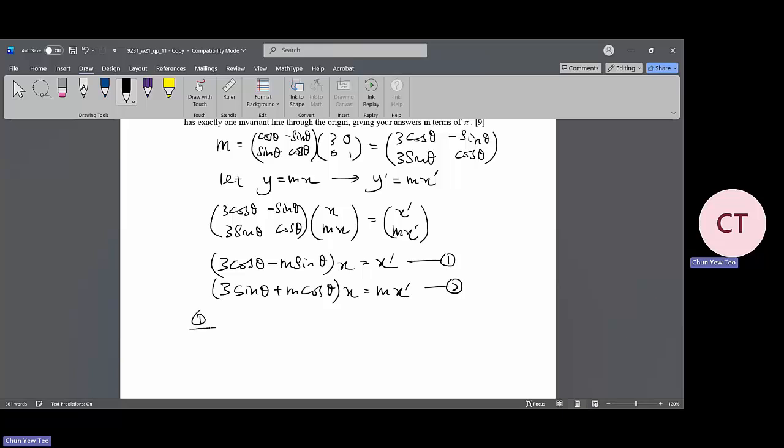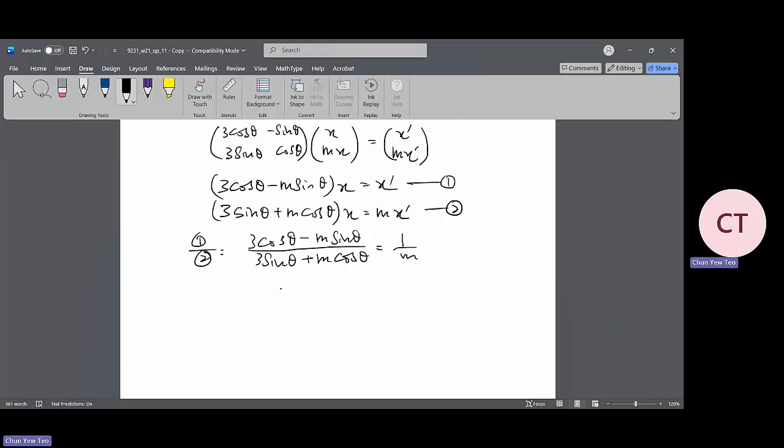Take equation 1 divided by equation 2, then you will get 3 cos theta minus m sine theta divided by 3 sine theta plus m cos theta equal to 1 over m.